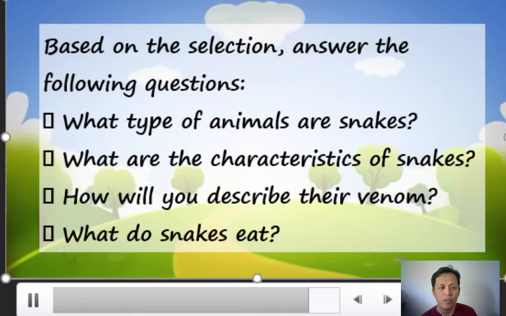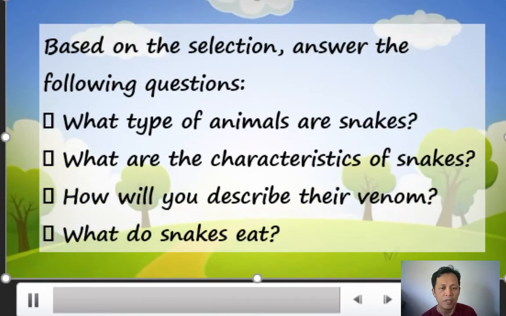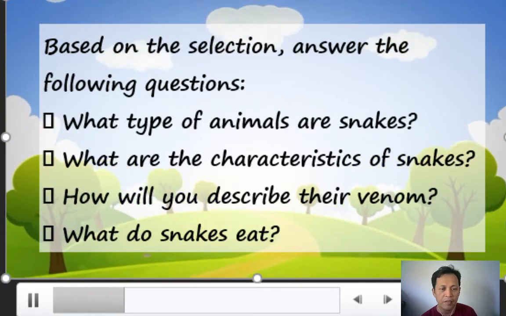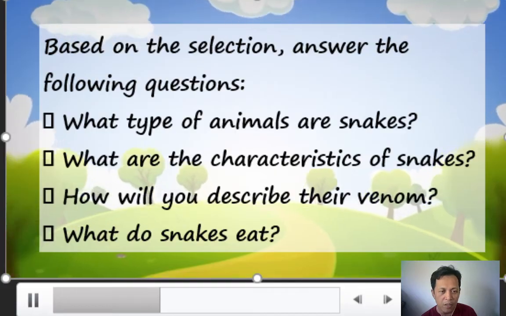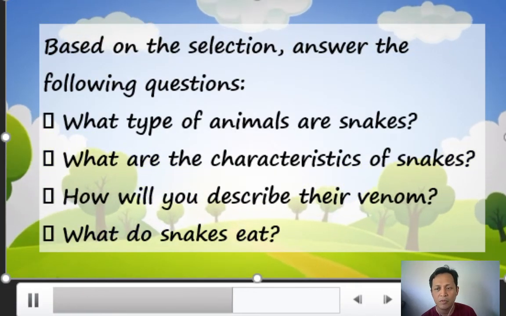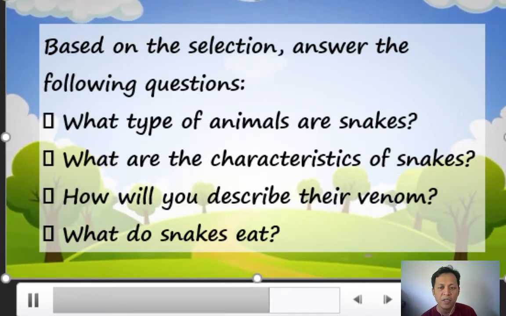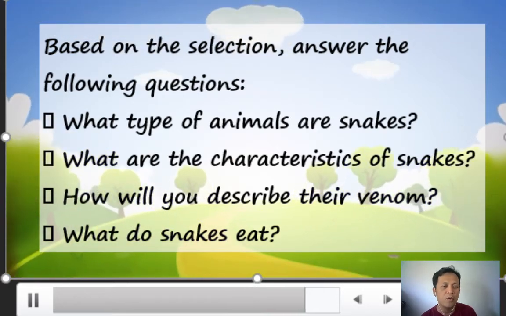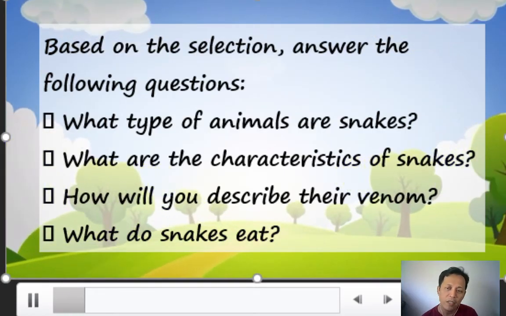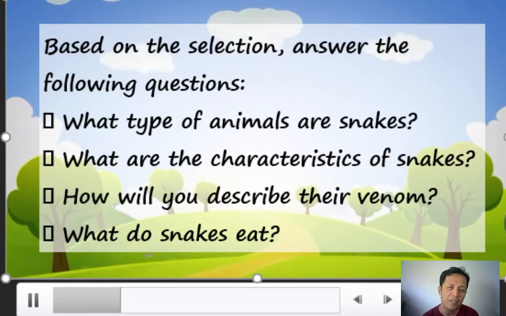Again, question number two, what are the characteristics of snakes? Number four, how will you describe their venom? Again, how will you describe their venom? And what do the snakes eat? For the last question, what do snakes eat?